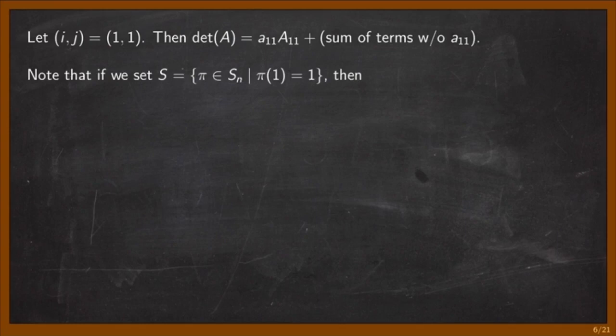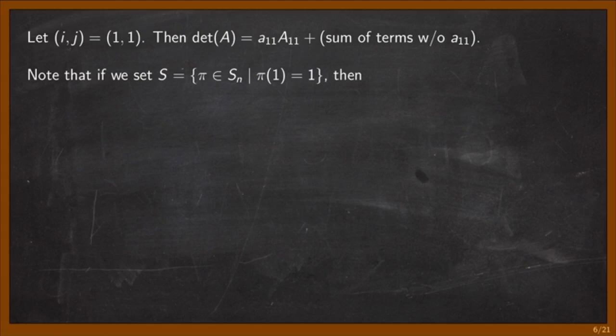Here we set the set S as the set of all permutations in S_n that fix 1, meaning to say these are the permutations that leave 1 in its place.